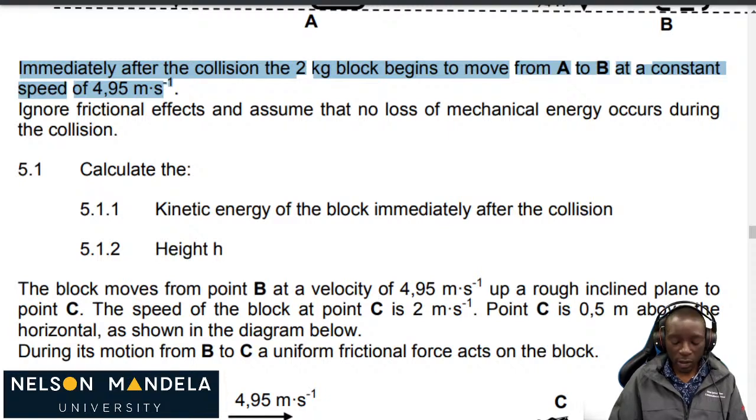Then calculate also the height h. So for the height h, question 5.1.2. How do we do that? Since this is an isolated system, we know that the change in the potential energy is equal to the gain in the kinetic energy.